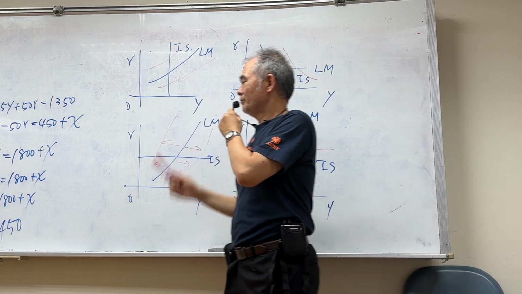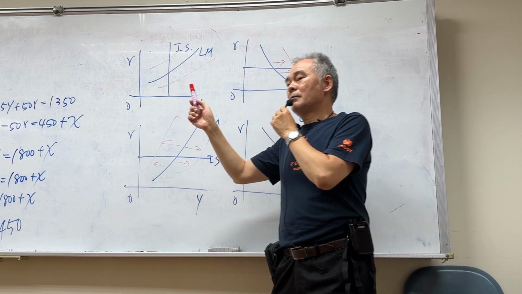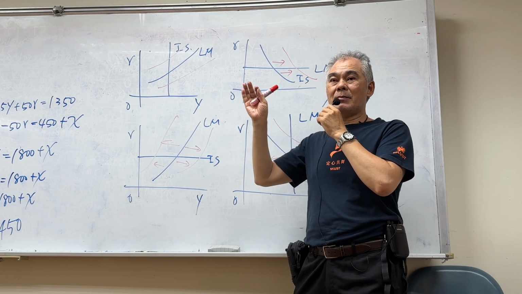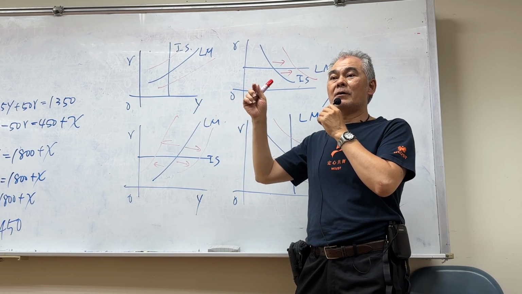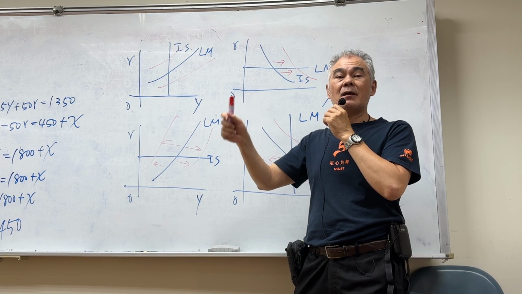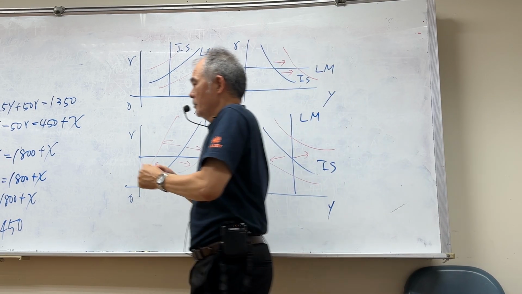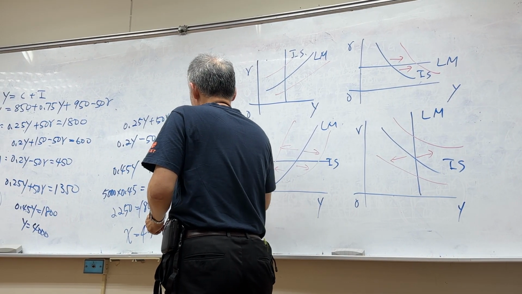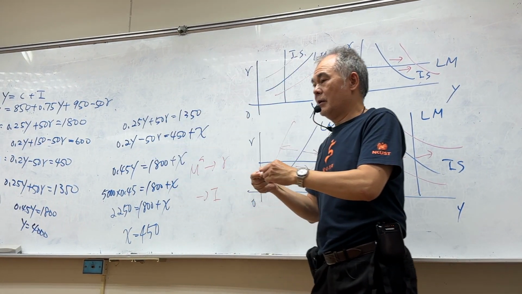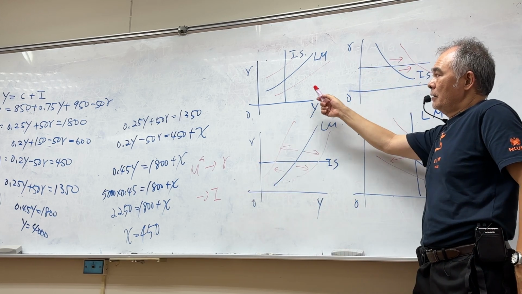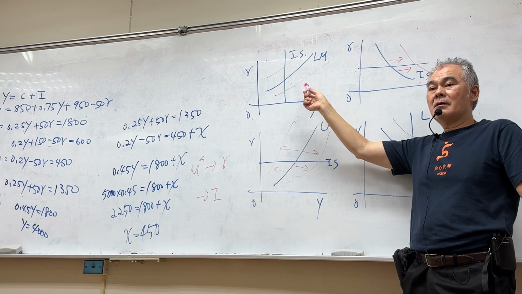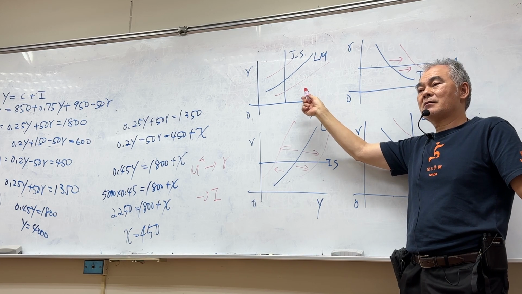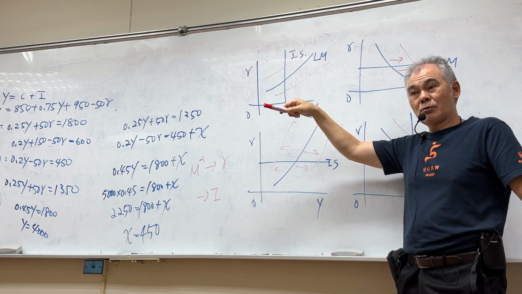And what about here? Usually, when we have monetary policy, we want to use money supply to affect the interest rate, and then the interest rate will affect investment. But in this case, what does that mean? That means investment is not responsive to interest rate.